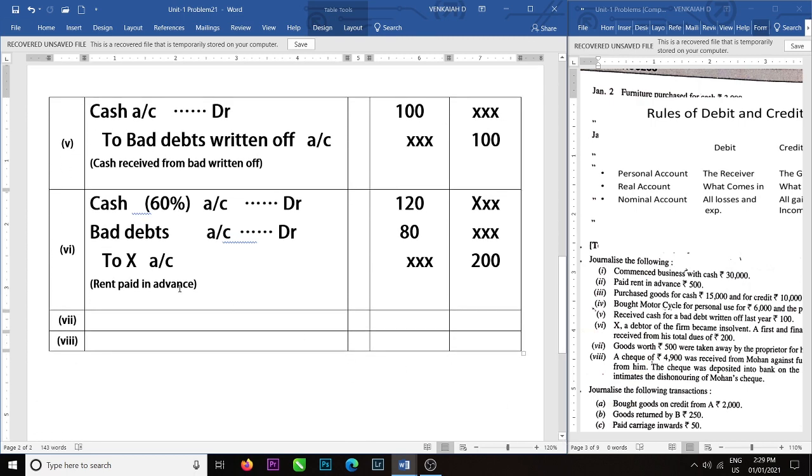That's why it is called bad debts. Amount received from X, final settlement.